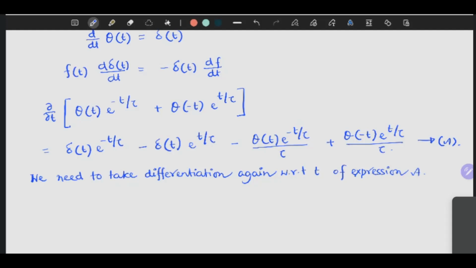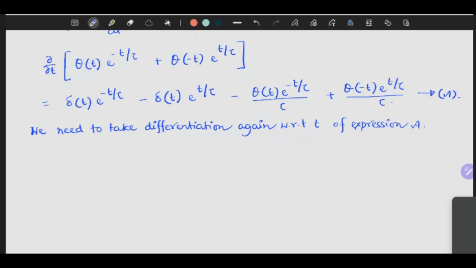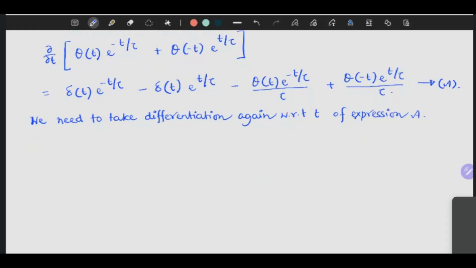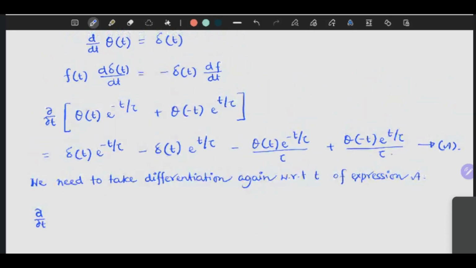Okay, so we have to take the differentiation of the expression again. So for that, for the first thing, d by dt of delta t to the power minus t.